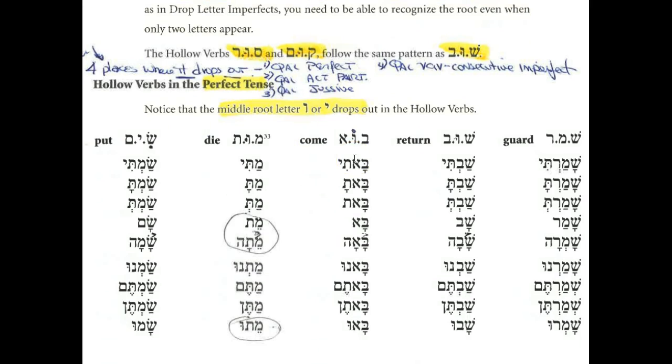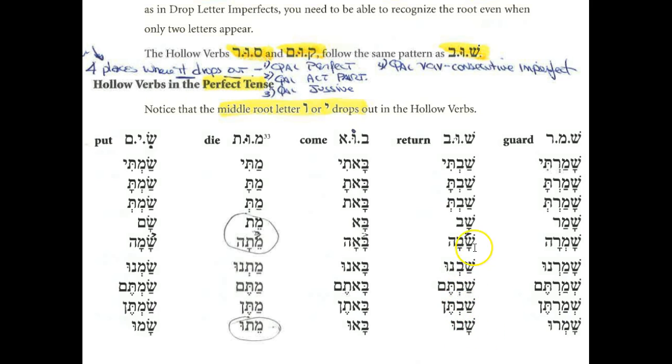And you can see how this works in the perfect tense with a series of hollow verbs: shuv, bo, mut, and seem. Notice that shuv in the Qal perfect is shavti, shavta, shavt, shav, shava, shavnu, shavtem, shavten, shavu.